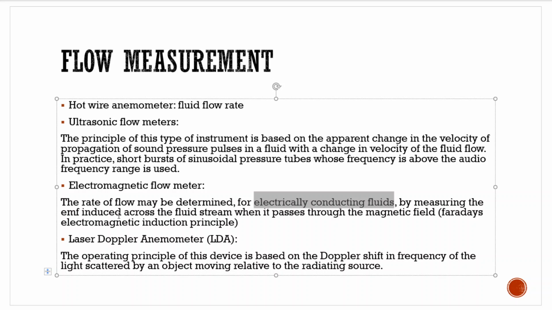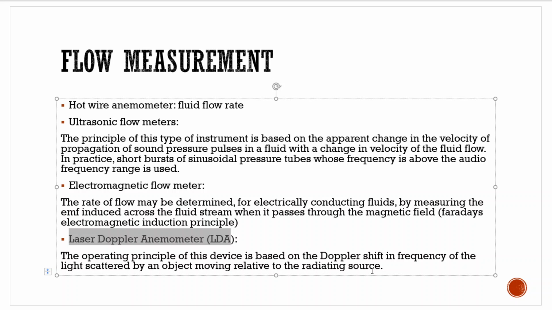Similarly, you have the laser Doppler anemometer. So using the Doppler effect, we propagate light waves through the fluid medium, and these light waves will be scattered through this fluid medium, and their frequency will change.